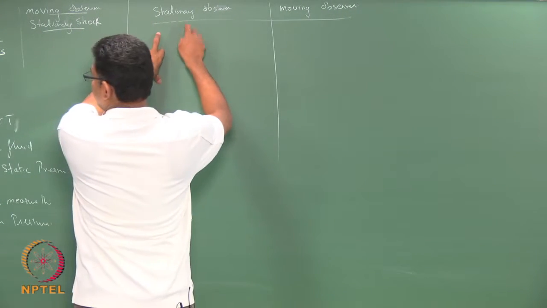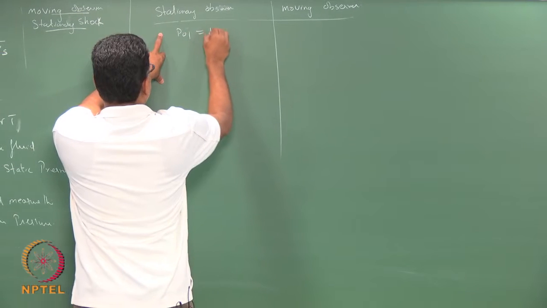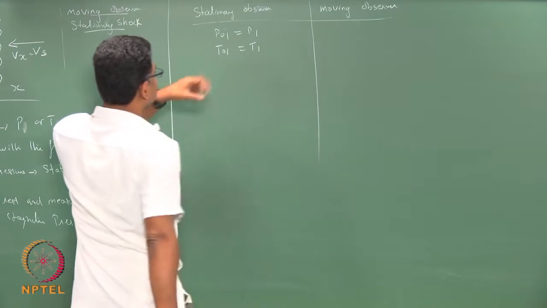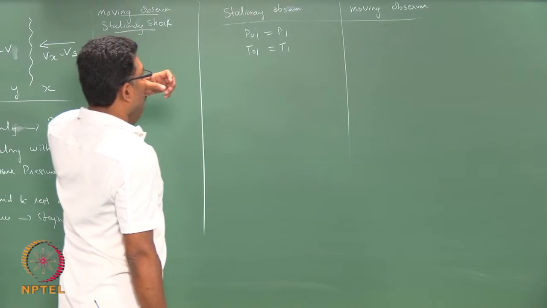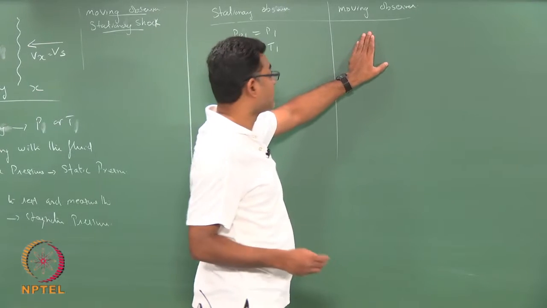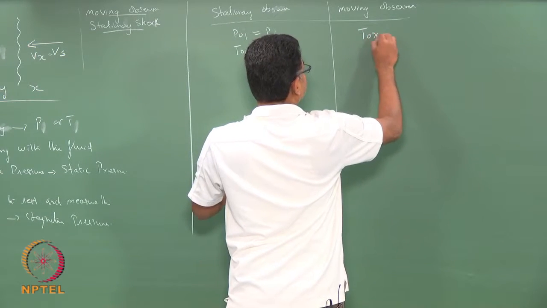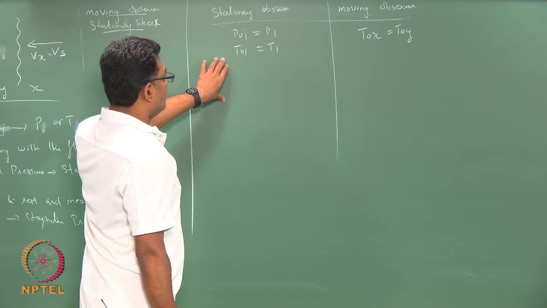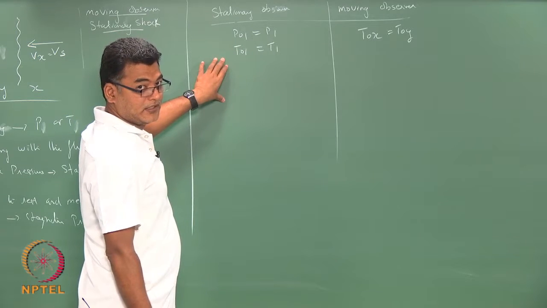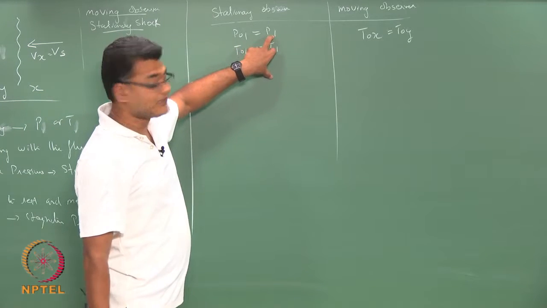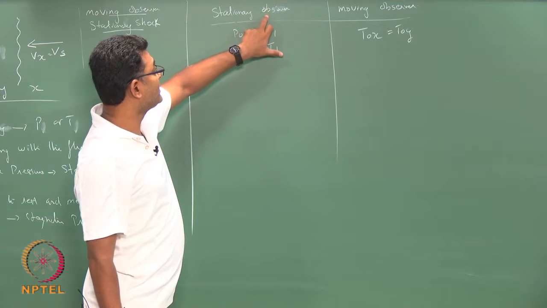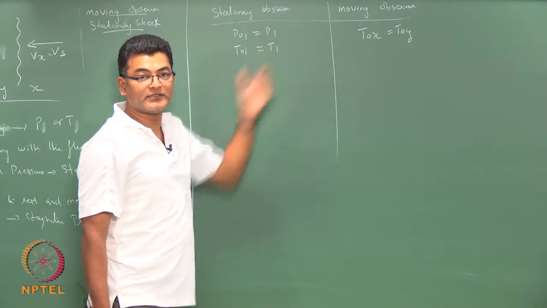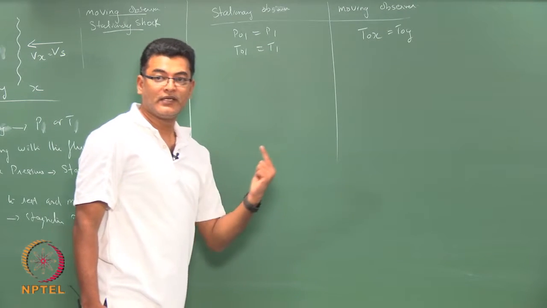So, in stationary observer, my P01 is same as my P1 and my T01 is same as my T1. In a moving observer, we have a standing shock, which means my T0x is same as my T0y. Okay. And now the static quantities which we had measured from the stationary coordinates is also same as my moving coordinates, because I am moving along with my fluid.